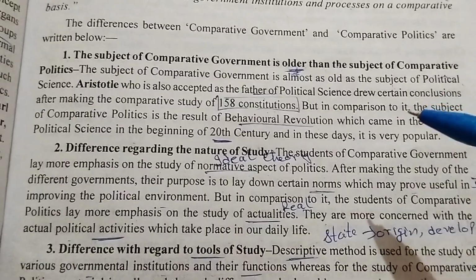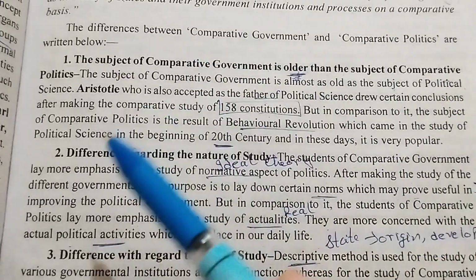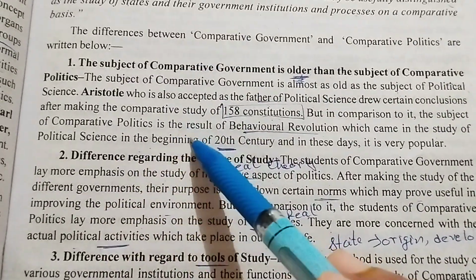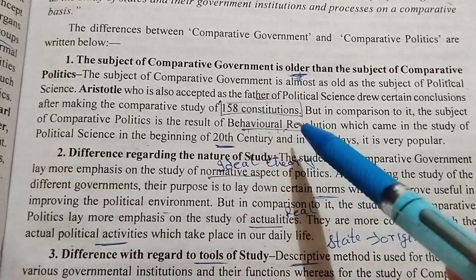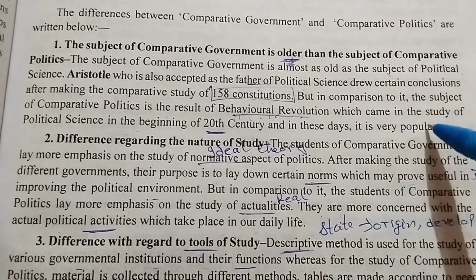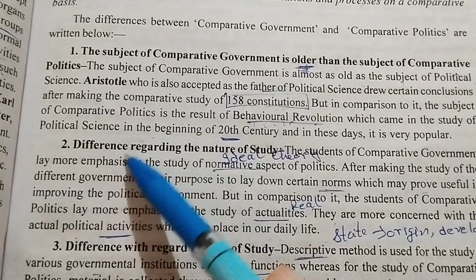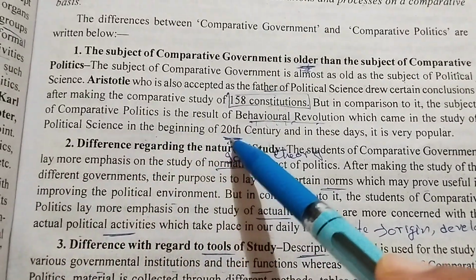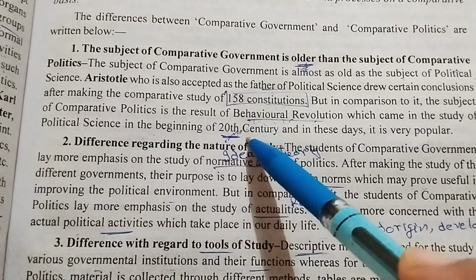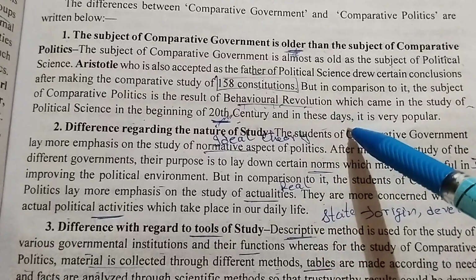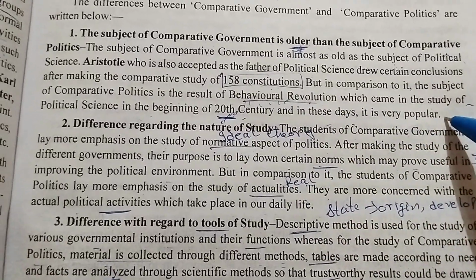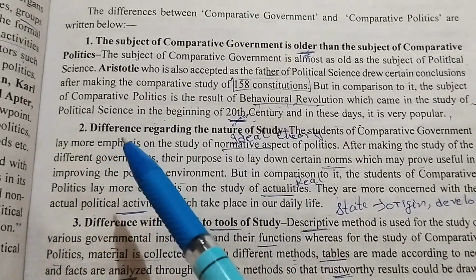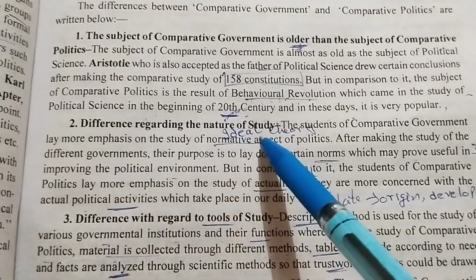In comparison, comparative politics is the result of the behavioral revolution, which came in the study of political science in the beginning of the 20th century, and these days it is very popular.